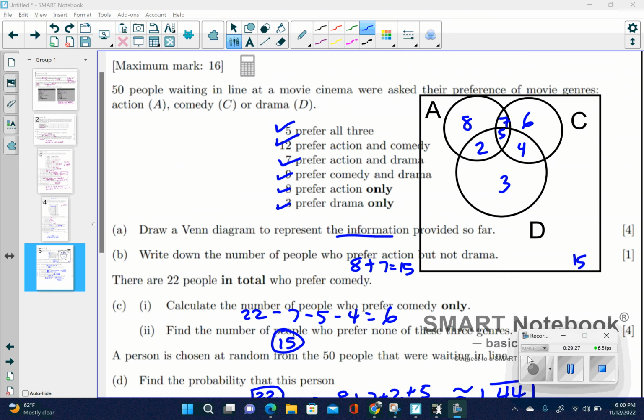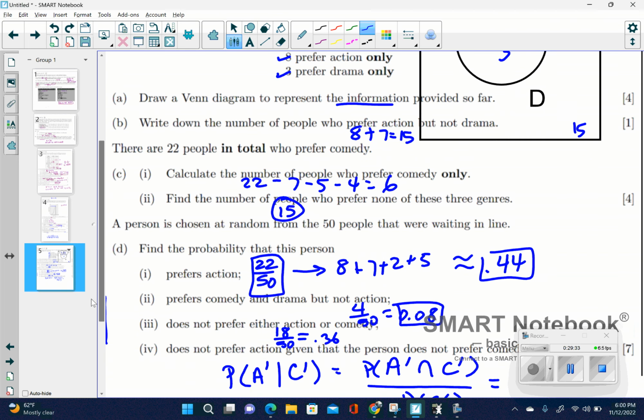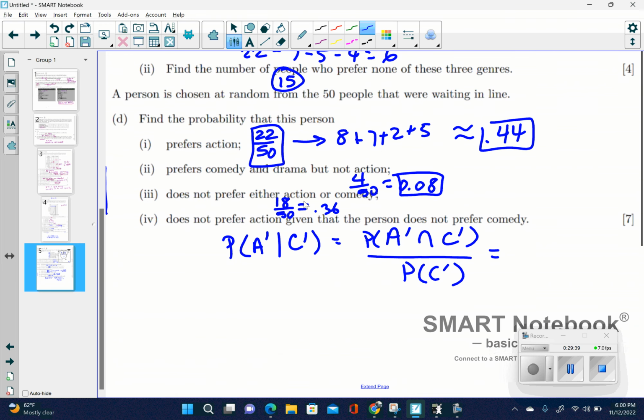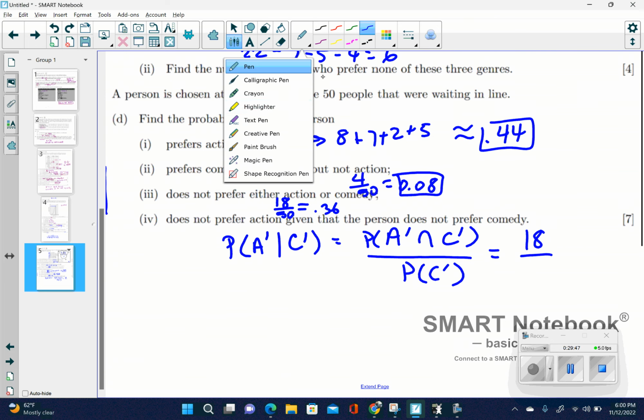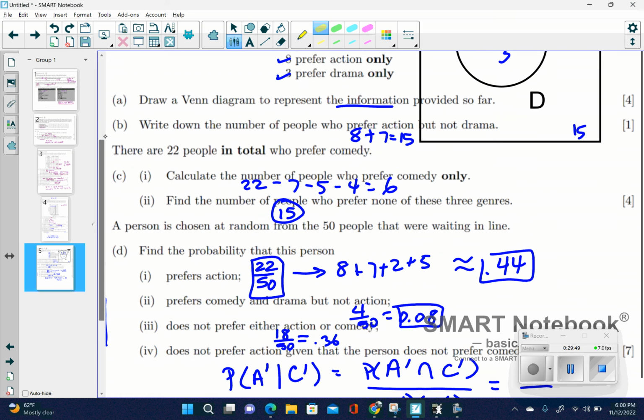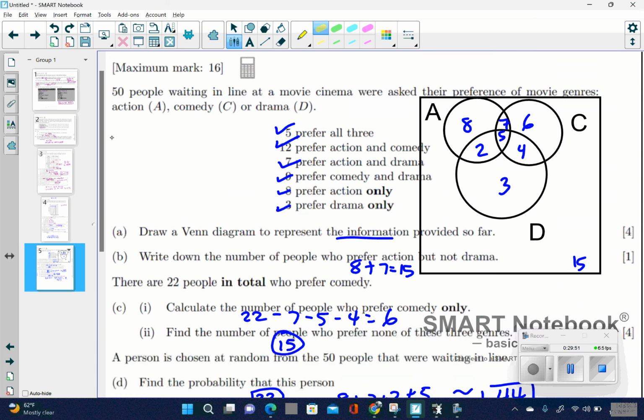We figured out that there are 18 people that don't prefer comedy or action. We got that from the previous answer. So that is 18 out of the probability of not comedy. The easiest way to do this is with my highlighter. This is all of the comedy people.